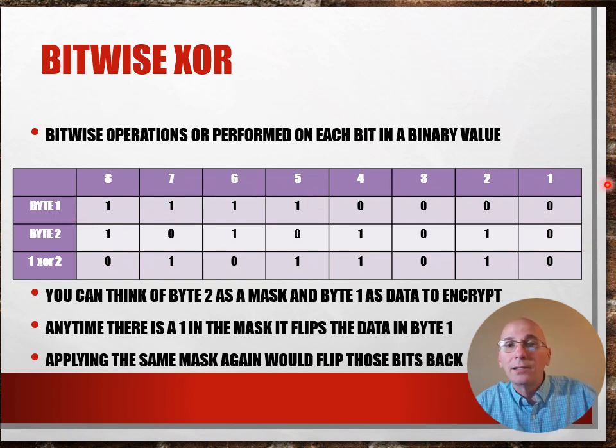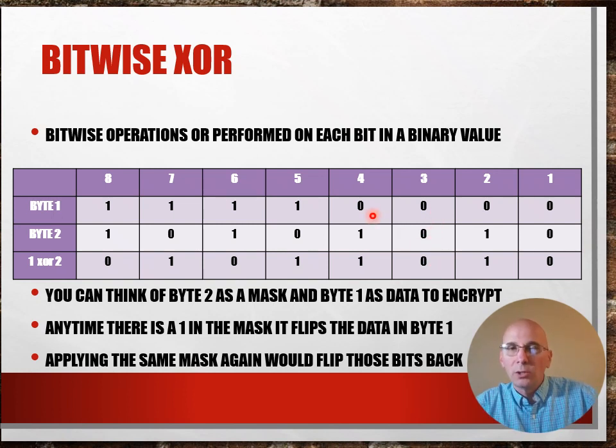So here my data was a 0. I had a 0, so I did not change the data. I left it as a 0. Here I had a 1 in my encryption key, so I flipped the bit in my data from a 0 to a 1. Here I had a 0 in my data and a 0 in the key, so I left the data alone.